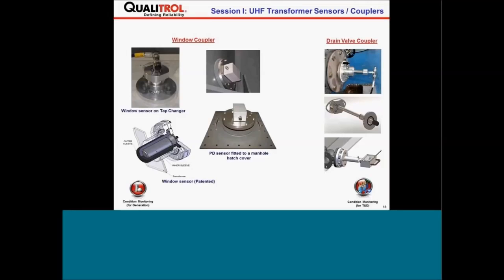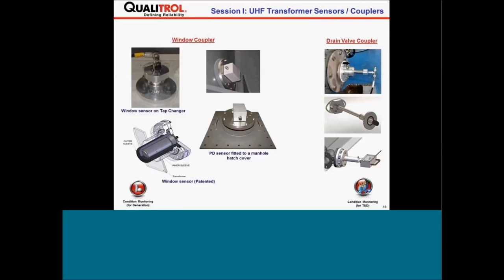The top left is actually a similar sort of design, where we were asked to do investigations in a tap changer of a transformer, and this was the filling plug, the oil filling hole for the tap changer, and we designed a coupler to fit onto that.